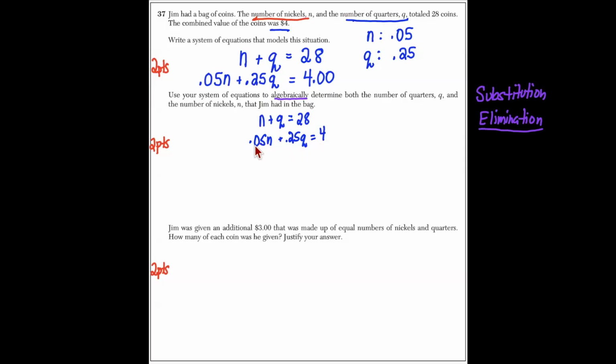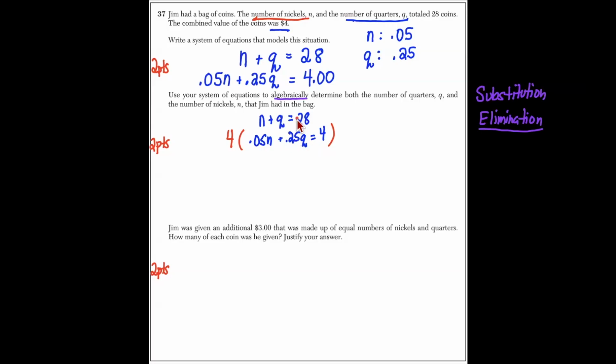What I realize here is that if I multiply the second equation by 4, 4 times 0.25, 4 times a quarter is going to give me 1. So that's going to bring this one to a 1. Both of these would be the same.